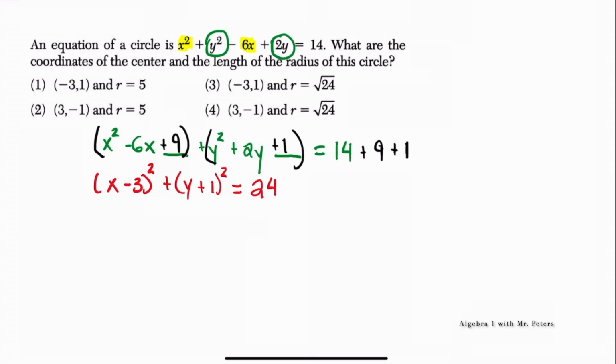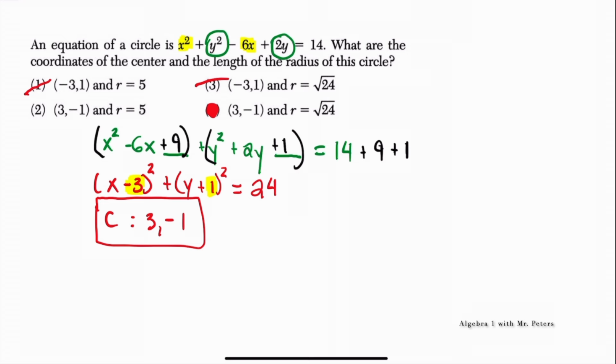Now the center of our circle we could find by looking at these two values. So our center is going to be equal to positive 3, negative 1. So that's the first piece of information we need. When we look at our answer choices, answer choice number 1, number 3 are incorrect. And because of the radius, we should already know that answer choice number 4 is going to be the right one.